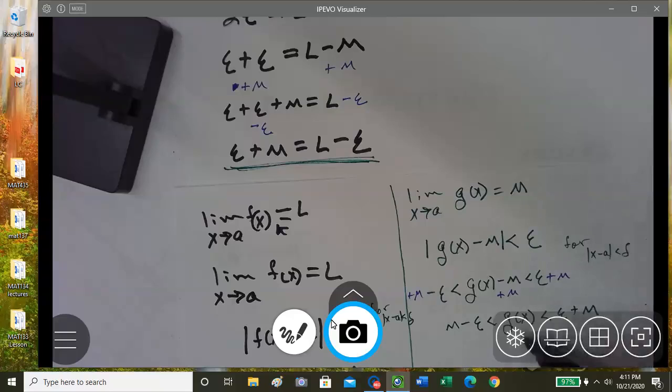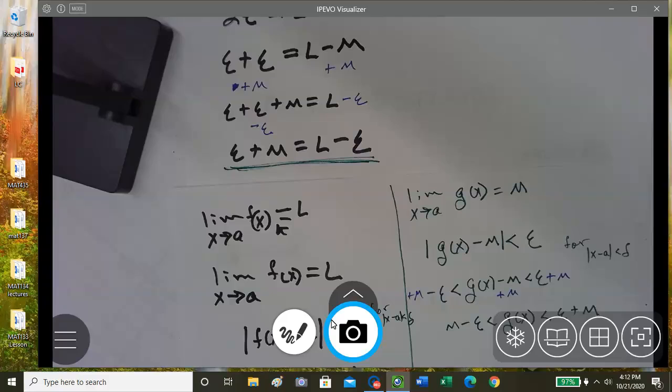And we can say that g of x is less than epsilon plus m. So epsilon plus m is greater than g of x.